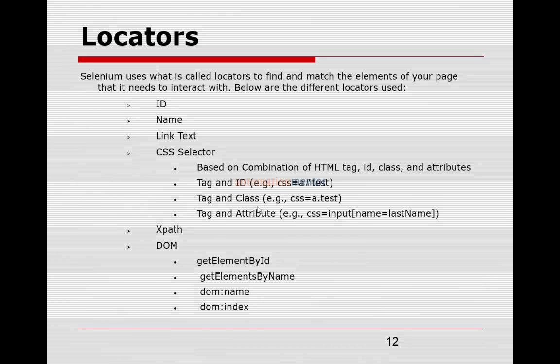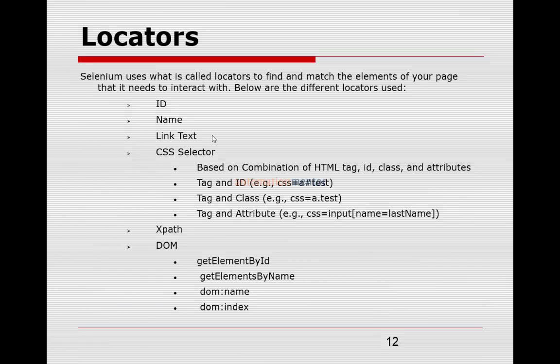So there are different ways of identifying a UI element or object on the web page. Selenium can accept any kind of object identification. That means I can use either the ID of the element or the name of the element, and even link text available in order to identify a link on the page.